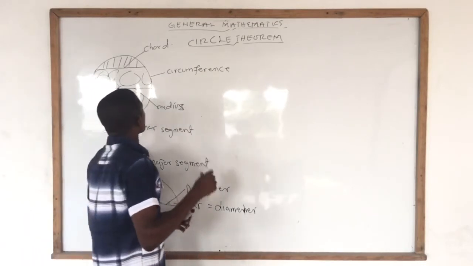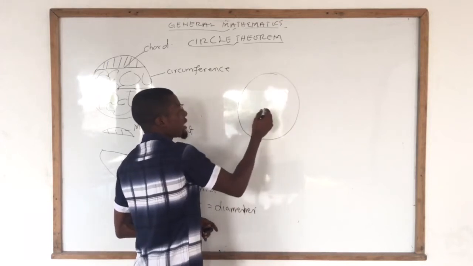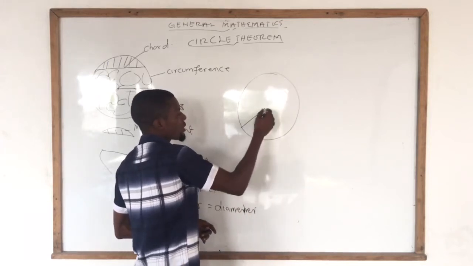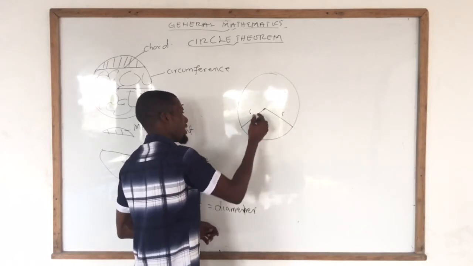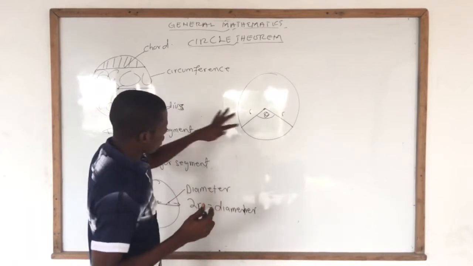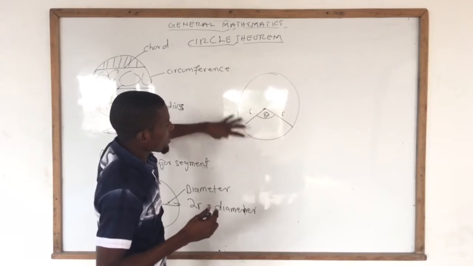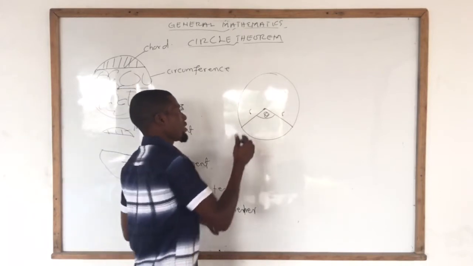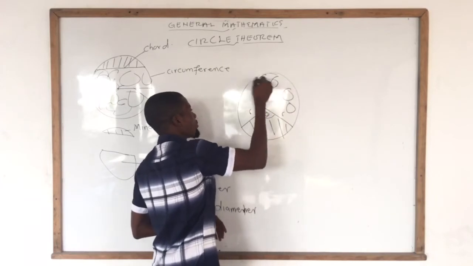Alright, then we also look at this. Whenever we have two radii inclined at an angle, say theta, this is a radius, this is also a radius, right? Then it also separates the circle into two parts, this part and also this part, okay?